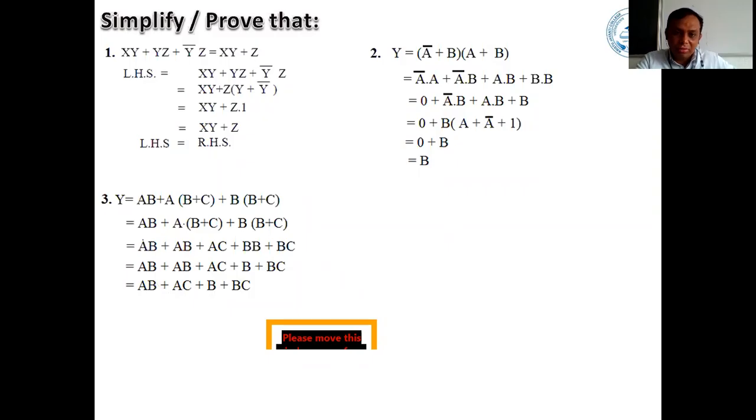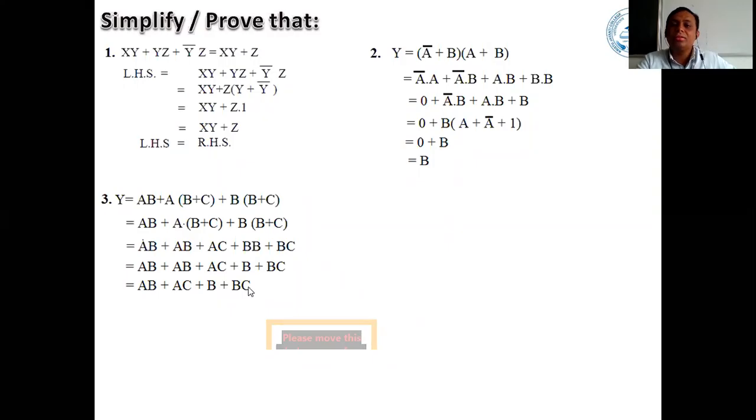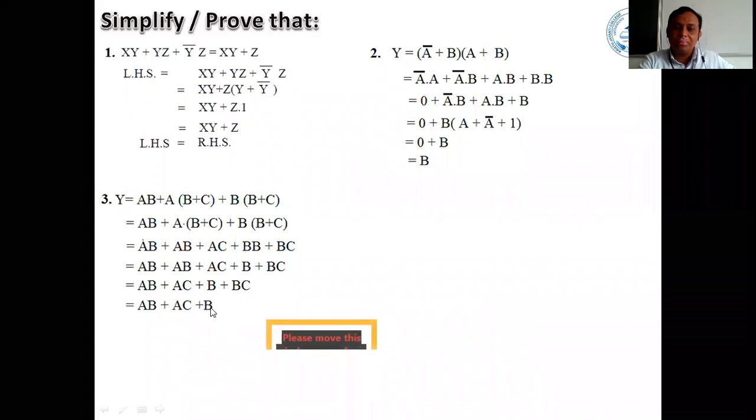So instead, think of these two. From B plus BC, I'll take B common so that I end up with 1 plus C. We know 1 plus C is equal to 1, so 1 into B gives B. So B plus BC, I can simply write as B.